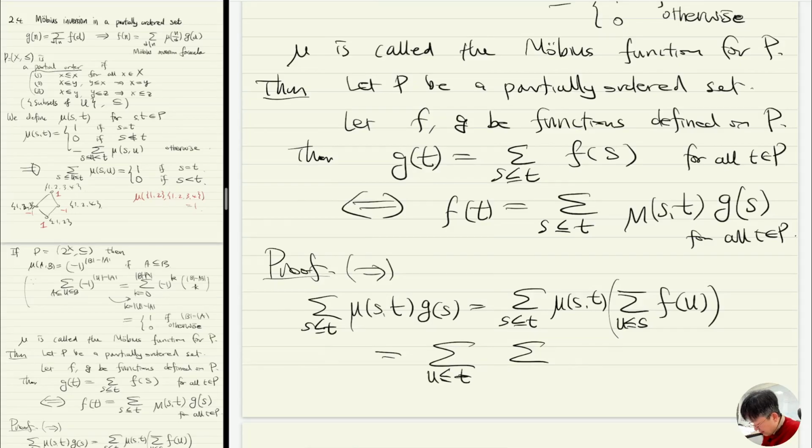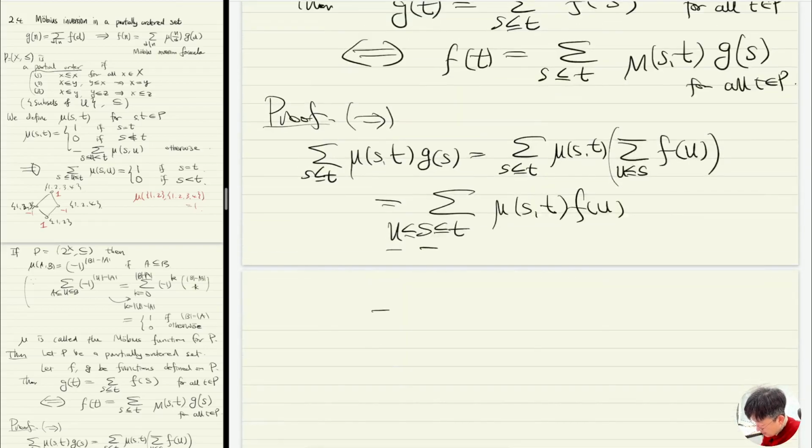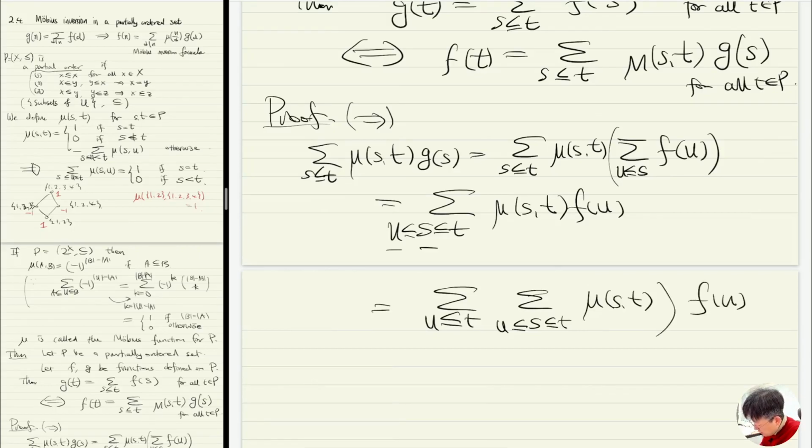I'm choosing u and S at the same time. If I fix u first, then S is between u and T, and F of u is common.